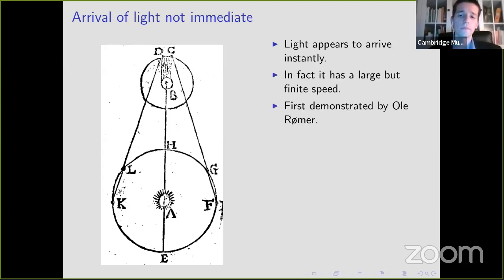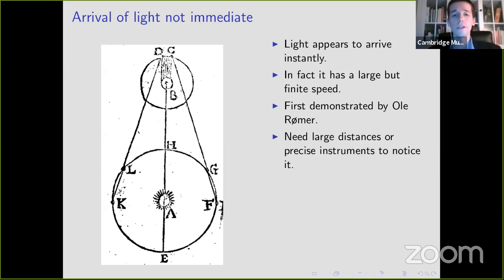This was first demonstrated by the Danish physicist Ole Rømer. In order to notice this large, but finite, speed of light, we need large distances or precise instruments to notice it.